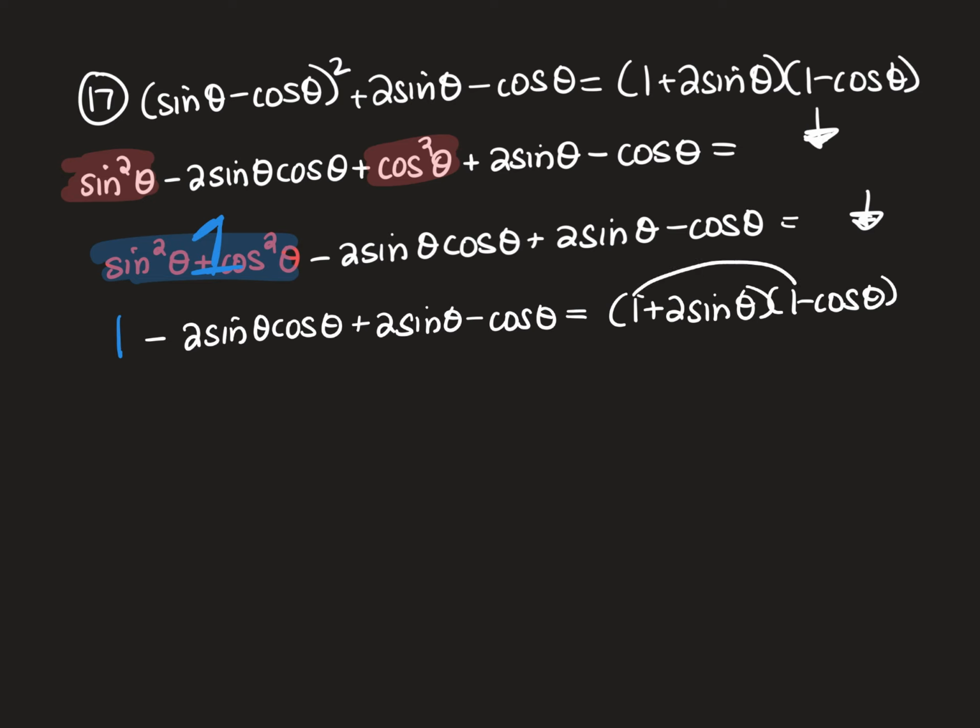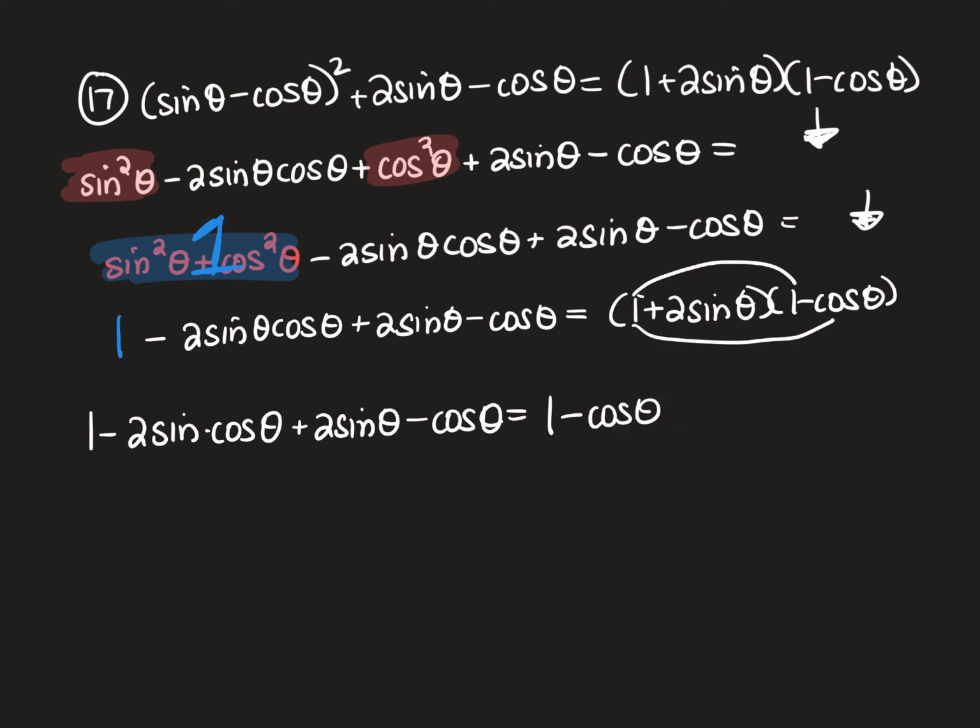I will have, let me rewrite this side here. So on the right side, I'll have 1 times 1, 1 times negative cosine, 2 sine times 1, and then negative 2 sine times cosine. Okay, so here I'm going to pause for a second, and I'm just going to start comparing my sides to figure out where I need to go next.